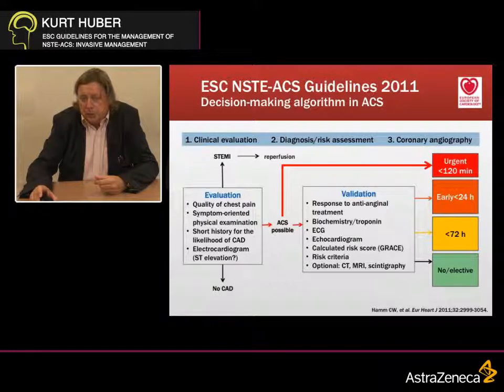But the diagnosis and risk assessment could also show us a patient who is not as acute. If the patient responds to antianginal treatment, if there are not typical signs in the ECG, if the biochemistry with respect to troponin elevation is not quite clear, also if an echocardiogram shows a completely normal left ventricular function, and if you look at different risk scores, and these scores are not extremely high, then there's an opportunity to go for an early, within 24-hour angiogram, or for an early angiogram within 72 hours.